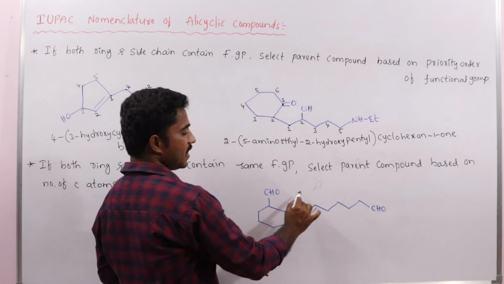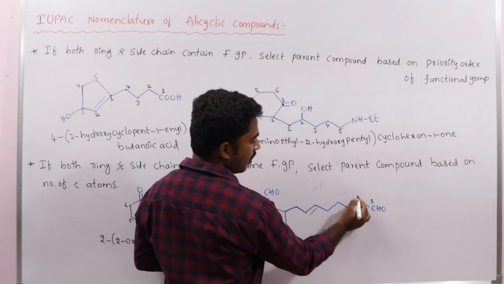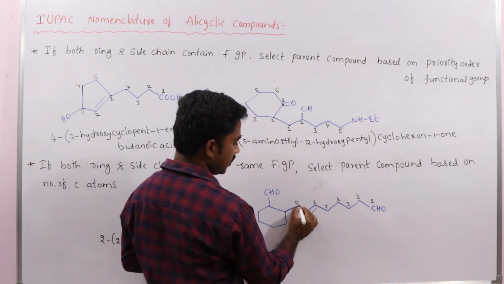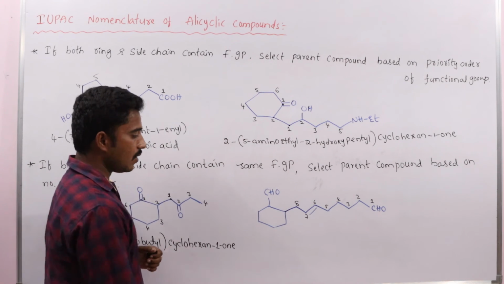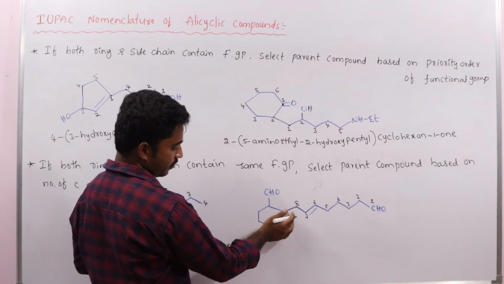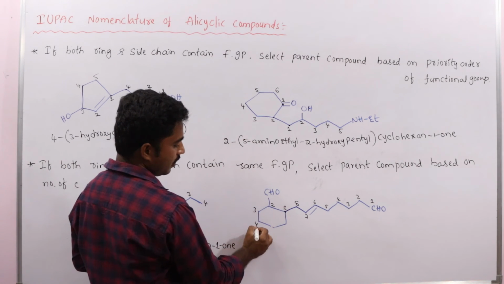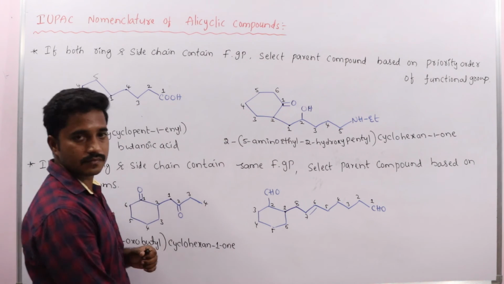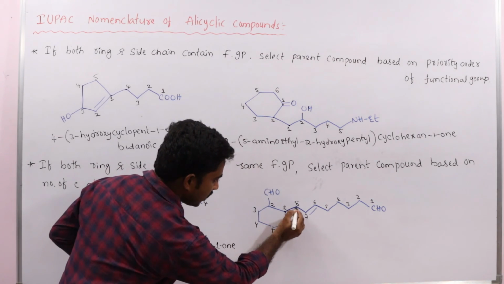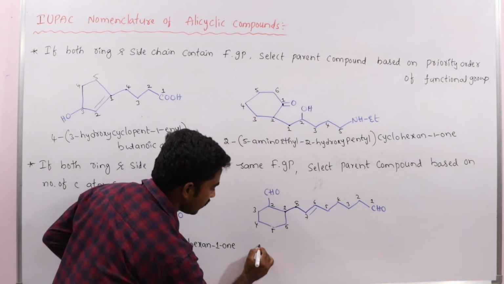When you select the side chain as the parent compound, start the numbering from the functional group carbon, that is here 1, 2, 3, 4, 5, 6, 7, 8. For the substituent, the carbon which is bonded to the parent chain is numbered as 1, then here 2, here 3, 4, 5, 6. The substituent is on the 8th carbon of the parent chain, that's why 8.